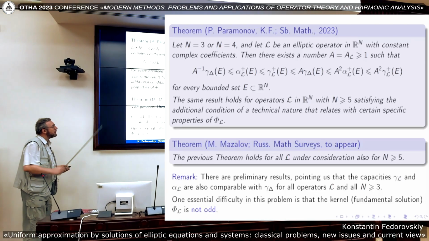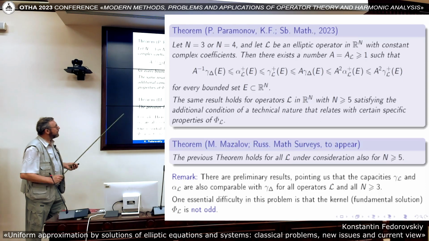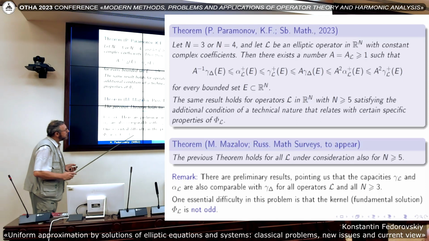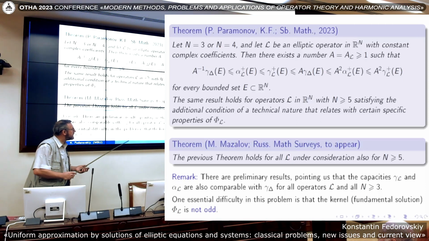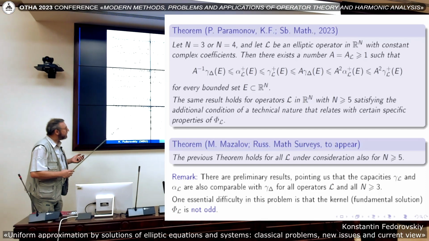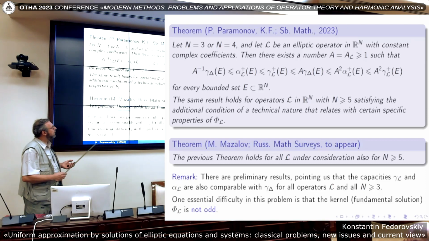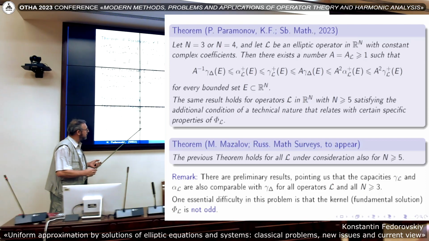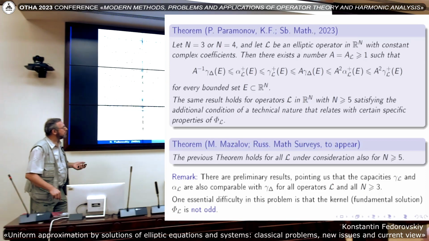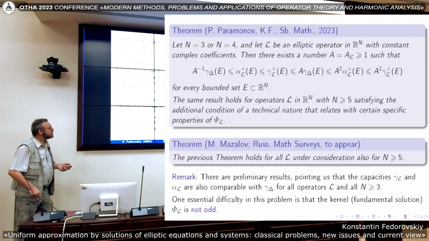results, as I mentioned. And moreover, there are several preliminary results pointing us that in fact the comparability of gamma L and alpha L with harmonic capacity also should be true.